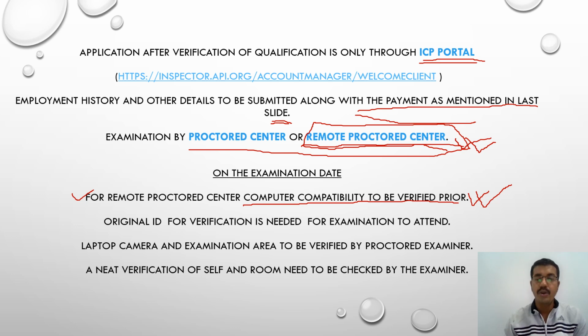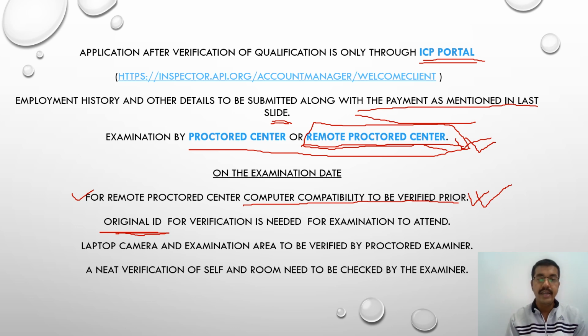The proctor will ask you to show your original ID. Original ID means maybe a passport, a voter ID, your driving license, or your national ID, which we call a residence ID.